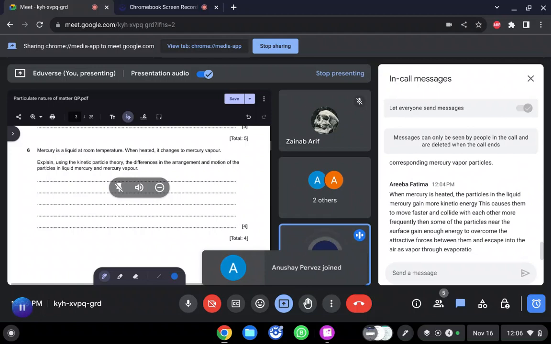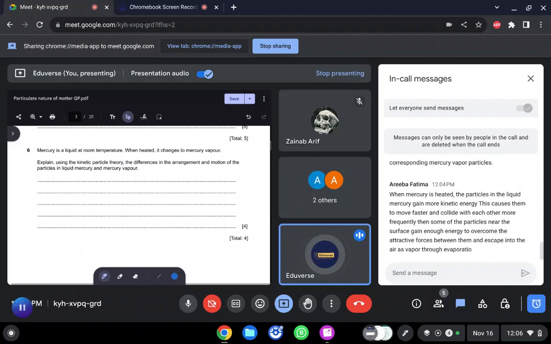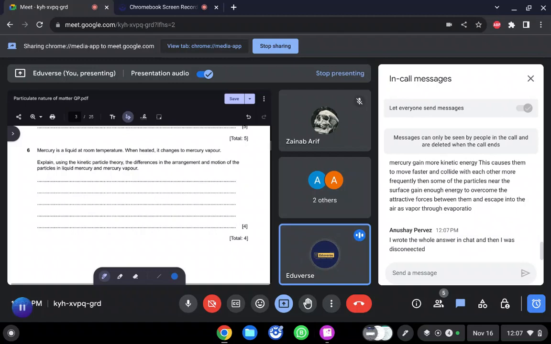But one thing I want to tell you, Ariba, is that you turned the question into one about evaporation. Actually, they were not asking you about evaporation. They want to inquire about the arrangement and motion. You have used the word evaporation, it will be all right, but they were not asking for it.